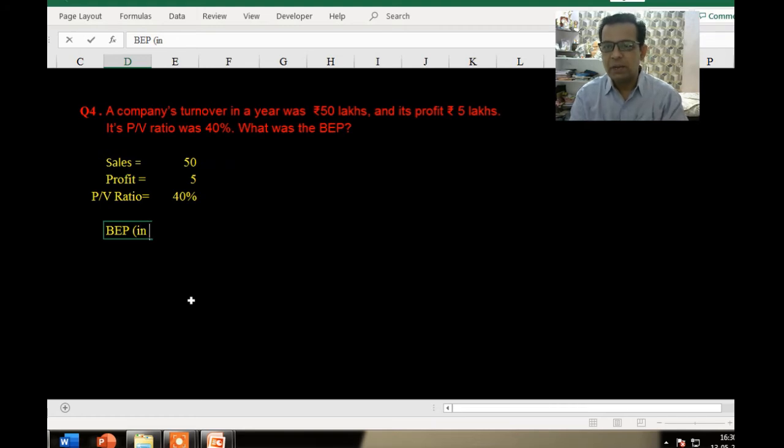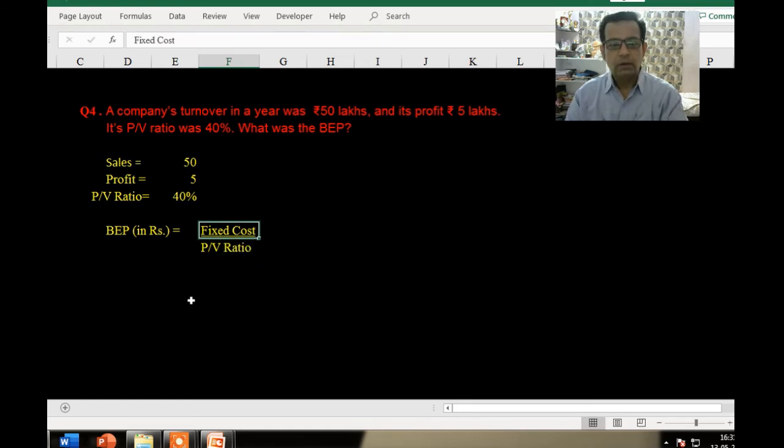Any guesses? BEP in units or rupees? Exactly, BEP in value or rupees. The reason is this: PV ratio is given ready-made, so it becomes easier for us to calculate. The formula for BEP in rupees is fixed cost divided by PV ratio.